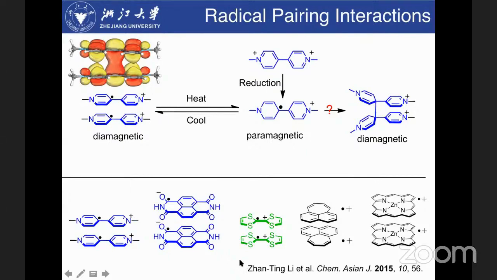A few years ago, one of our senior colleagues, Professor Zhejiang Li from Fudan University, published a review paper telling us that pi-pi stacking between two identical radicals is a general interaction. You can see bipyridine, naphthalene diimide, TTF, and the porphyrin all undergo pi-pi stacking to get spin pairing interaction.